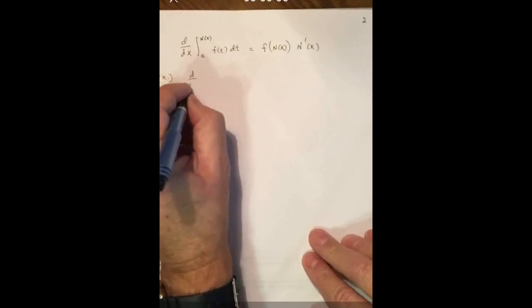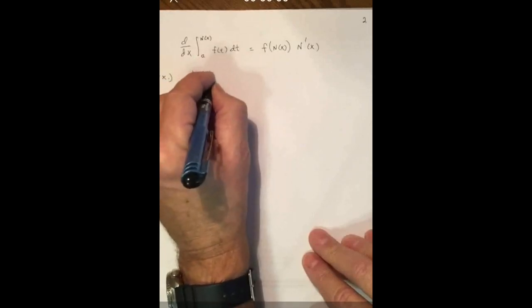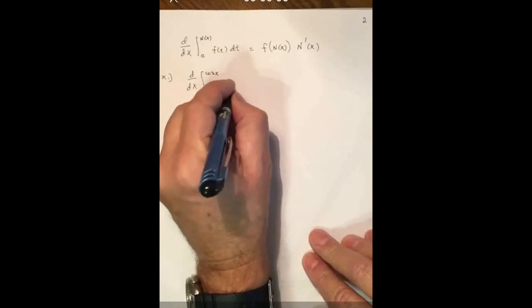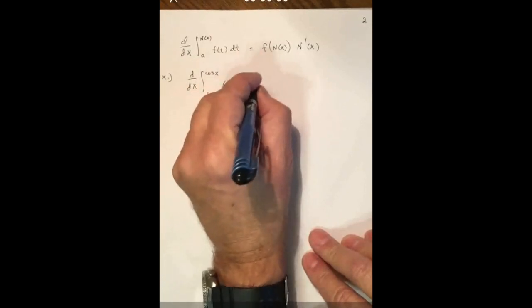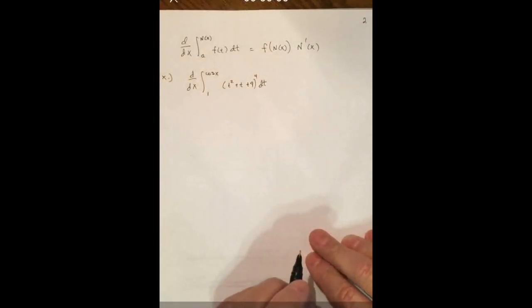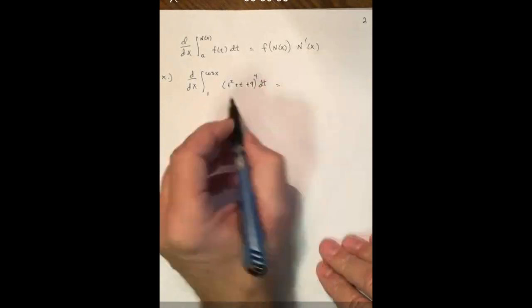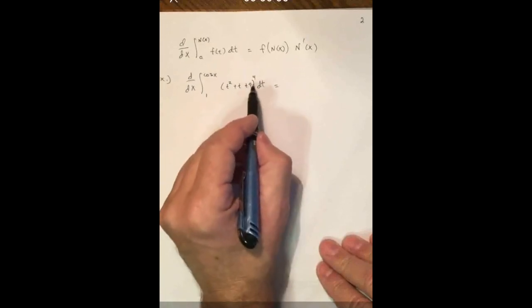If we want to find the derivative with respect to x of the integral from 1 to cosine x, and the integrand is (t squared plus t plus 9) to the 4th, dt. To differentiate this, everywhere we have a t, we're going to plug in cosine x.